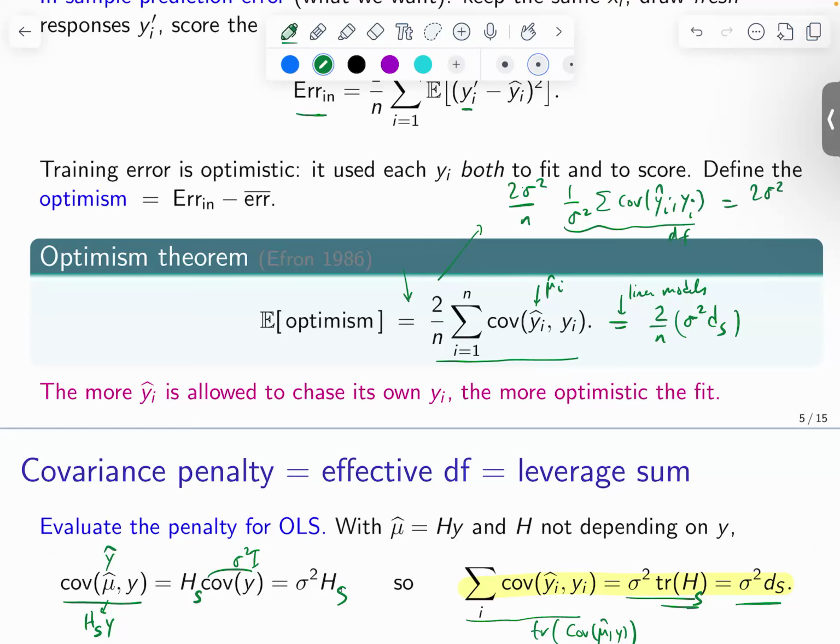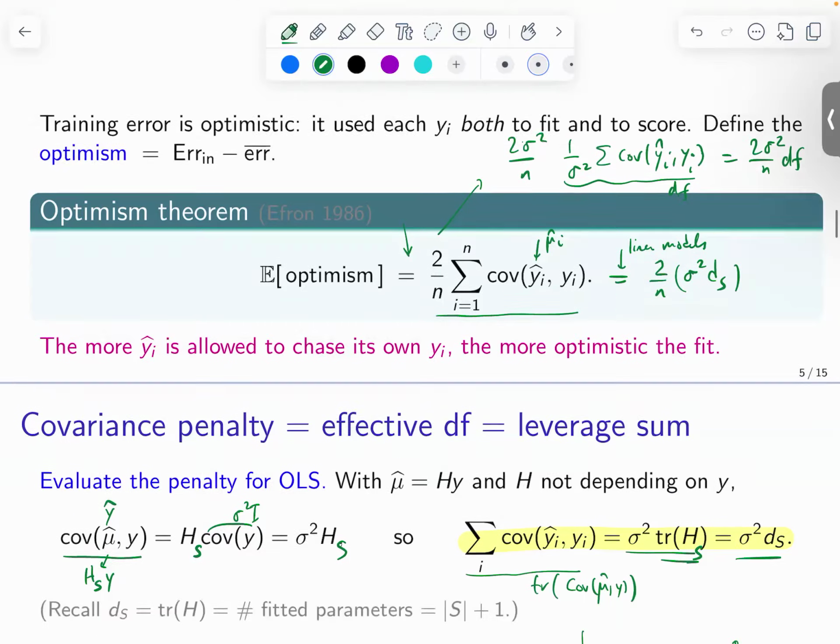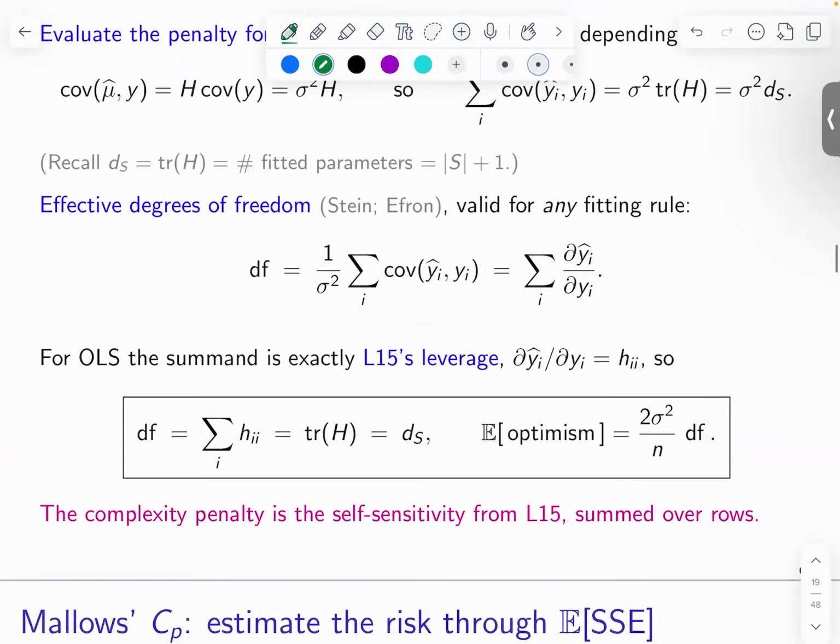So the optimism is 2 sigma squared over n times the degrees of freedom of the model. What does it mean? The degrees of freedom just means exactly that. It reduces to the notion of free parameters or dimension in the linear model. So for that reason, people think of this as a generalized notion of degrees of freedom. So the optimism is this.